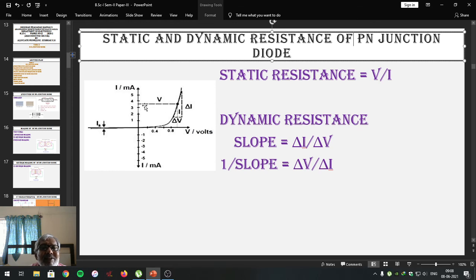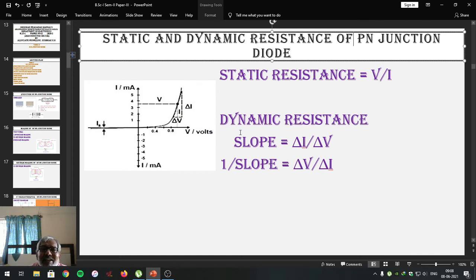Draw a line parallel to the x-axis representing the current on the y-axis, or draw a line perpendicular to the x-axis that will represent the voltage corresponding to the point. Take the ratio of voltage upon current, that is V upon I. It represents the static resistance of the p-n junction diode.